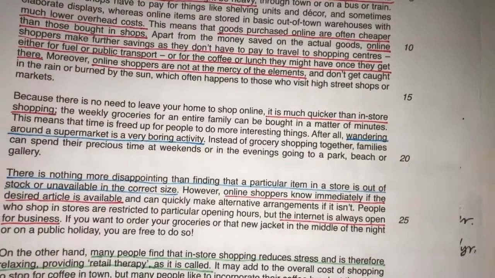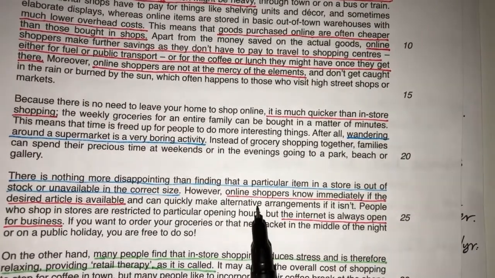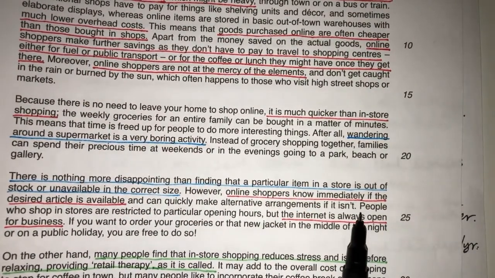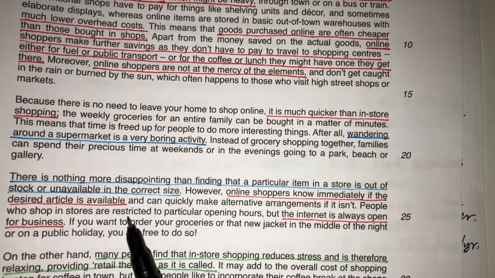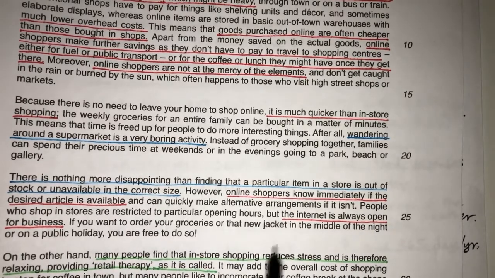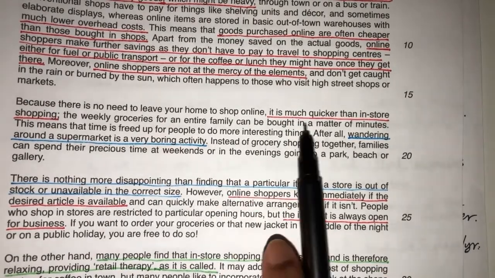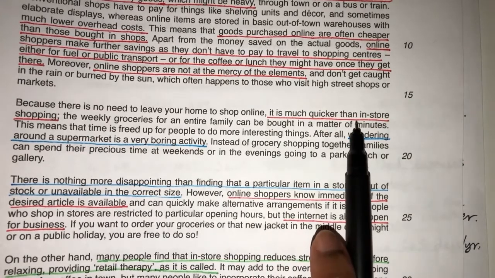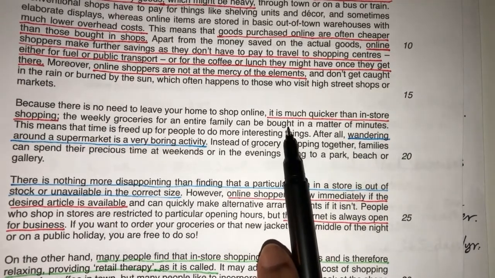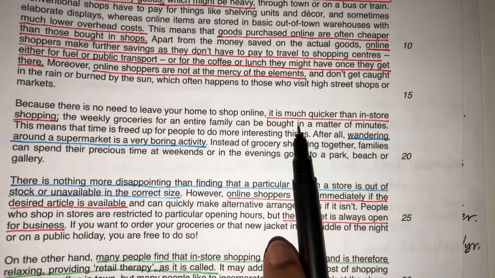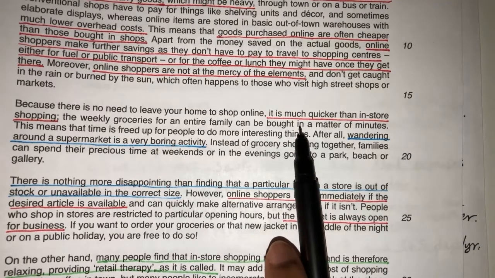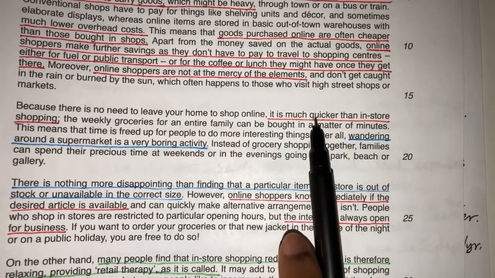What else can I throw in here? Quicker. Immediately if the article is available, 24/7. So I said day or night. Here I said rain or shine. Much quicker. I might not be able to. I'm not sure. Can I use this? You know what?